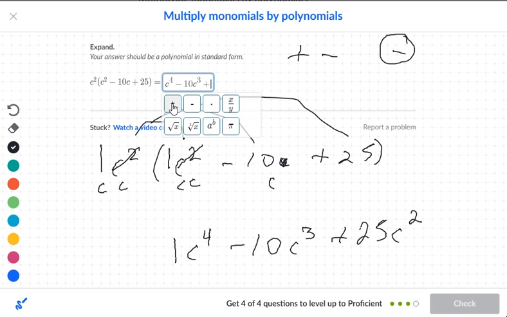Then we want to press plus, then we want to have 25, and then c, press the AB key to the second. So let's go ahead and check this and see if this is correct, because we have c to the fourth minus 10c to the third plus 25c to the second.